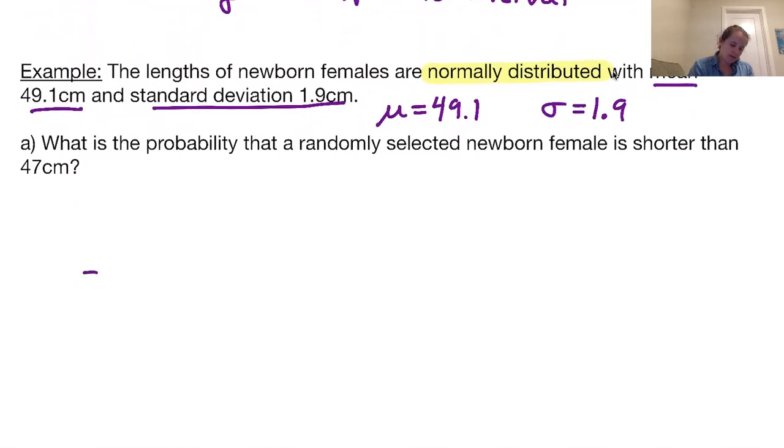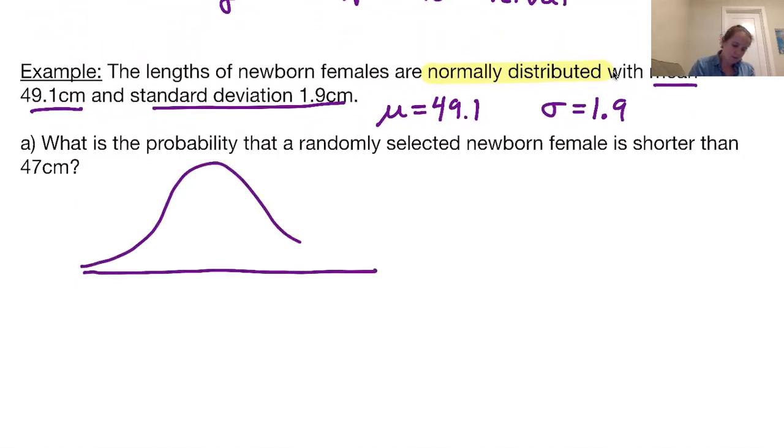So first, let's just draw the picture. Right now we have mean 49.1, standard deviation 1.9, and we are looking at 47, which will be somewhere to the left. And we want shorter than 47.